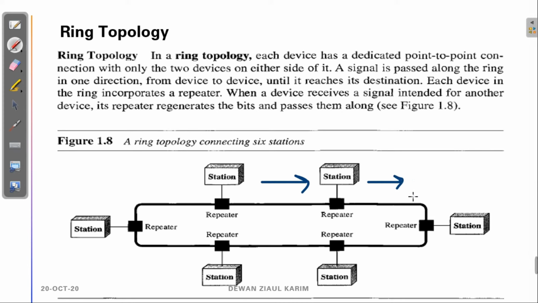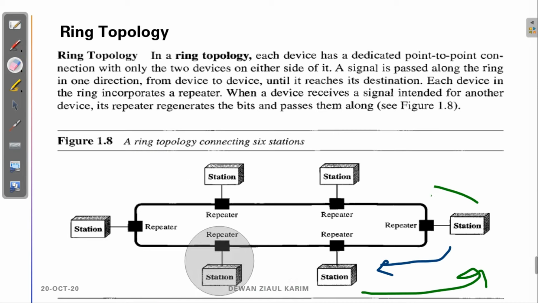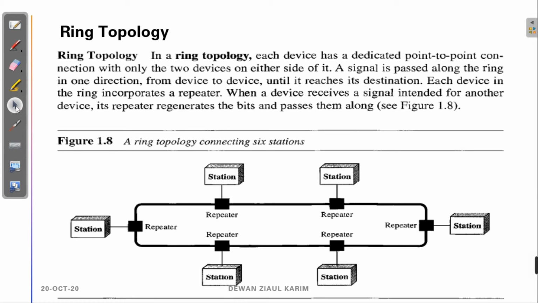That means you can use this way, or you can also use this way. In that case that unidirectional problem is actually solved. So this is how you can solve the unidirectional problem.